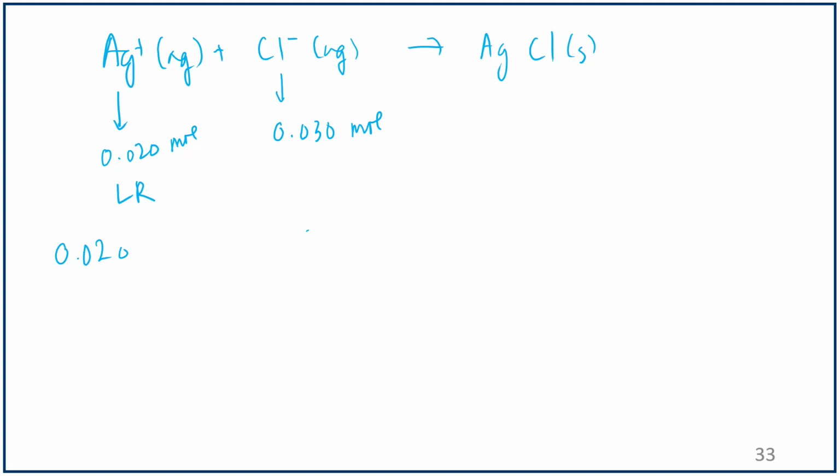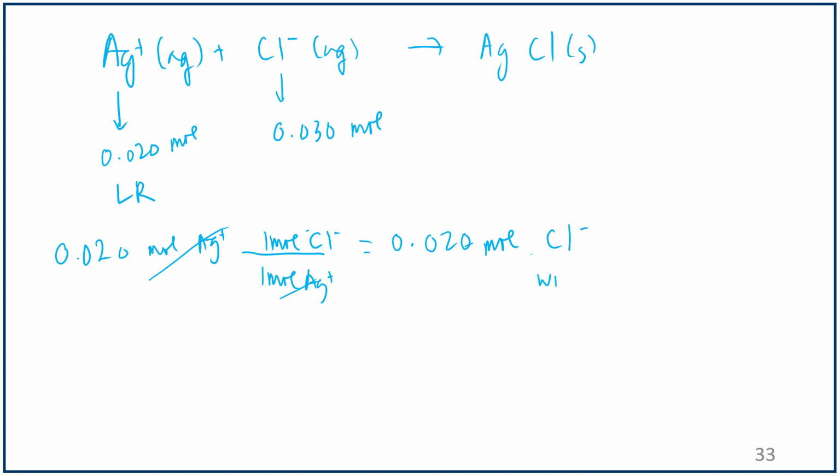So you can set up something like this: 1 mole of silver plus, 1 mole of chloride ions, and it will just cancel out and give you the same number. But basically this is how many moles of chloride will react with silver plus, which is the limiting reagent.